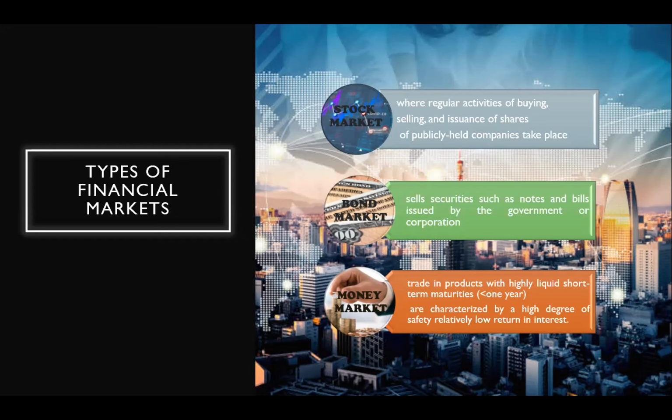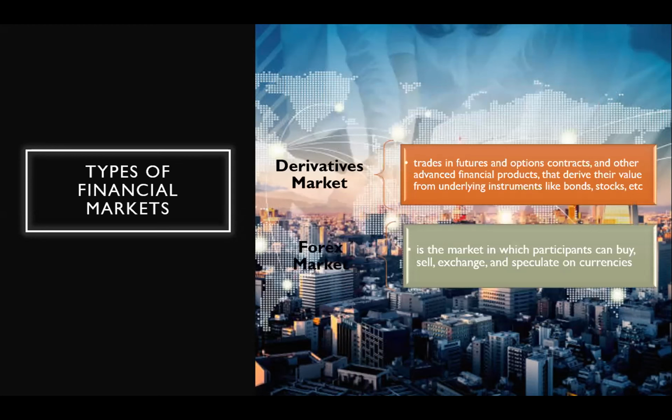Another type is the money market. A money market is a short term lending system. It is usually used to cover operating expenses or supply working capital, or the daily necessity for businesses. Next, we have a derivatives market. It is a financial market for financial instruments such as underlying assets and financial derivatives.